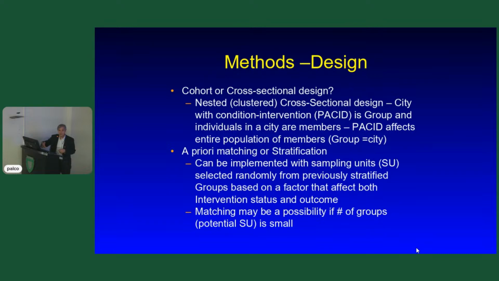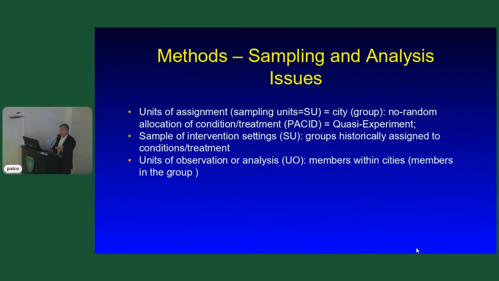But during the analysis, I did a partial stratification based on the size of the public health department or the size of the cities. I adjust for that, okay? So units of assignment are city groups, and then the allocation of condition was passive, the intervention of the quasi-experiment type, group historic assigned to condition treatment, units of observation, members within the city.